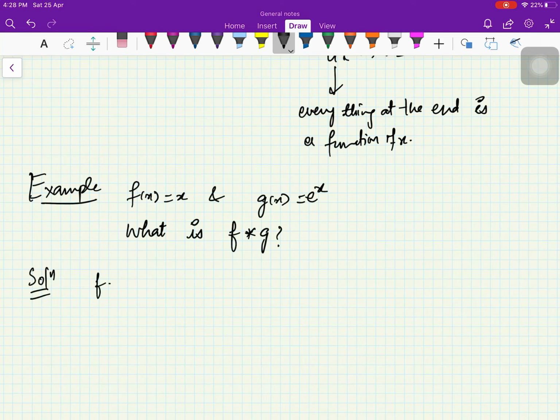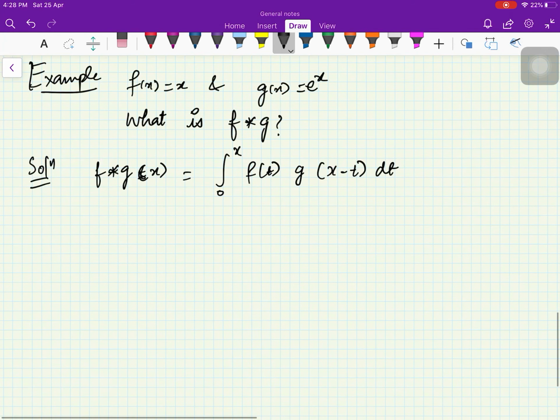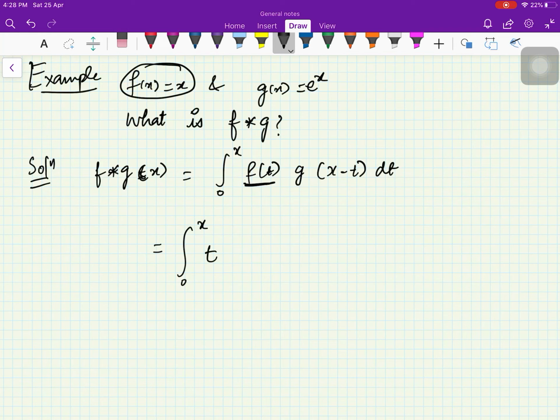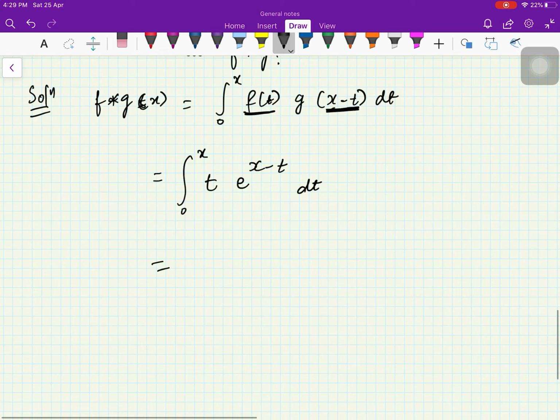You can see f star g will be the integral from 0 to x of f of t g of (x minus t) dt. So f of t will be t, and g of x minus t will be e raised to power (x minus t) dt, right?